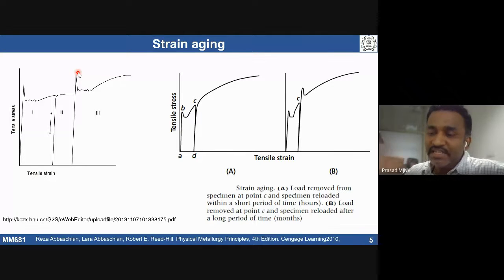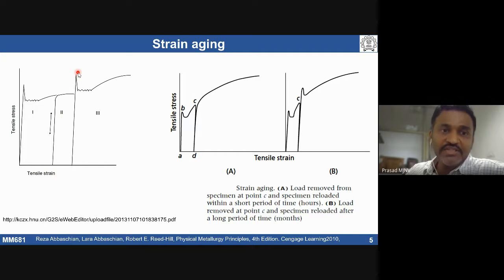So during aging treatment, what happened? Solutes are actually interacting with the dislocations during aging. That means most of the dislocations have already been pinned by the solute atoms. So now I need to apply more and more stress to unpin the solute atoms.